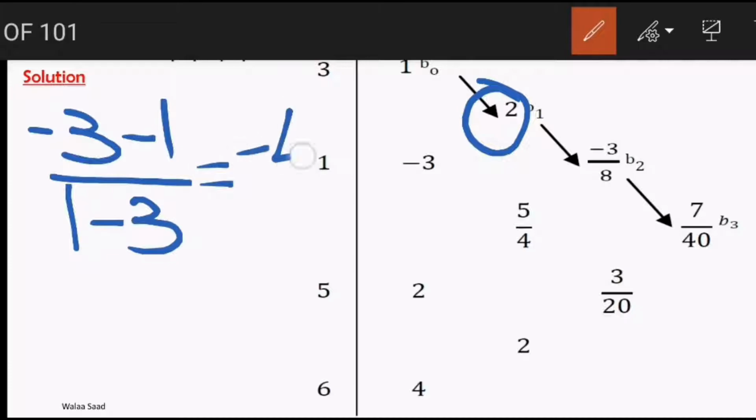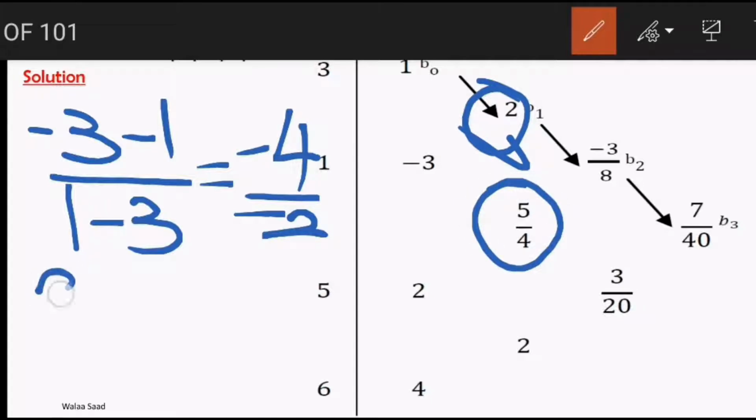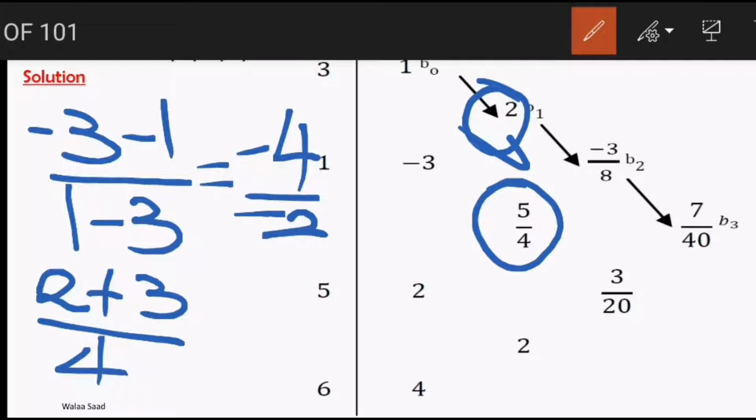This is -4 over 1 minus 3, which is -2, and here is 2. Perfect. What about 5 over 4? Yes, this is 2 minus -3, so it's 2 plus 3 over what? Over 5 minus 1, which is 4. So it's directly 5 over 4. And that 2, it's 4 minus 2, and then over 6 minus 5, which is 1. So it's directly 2.